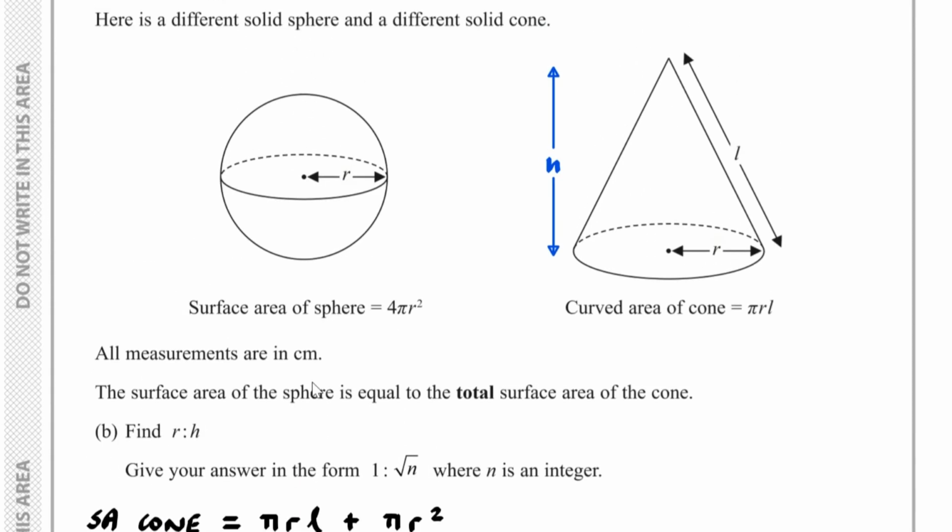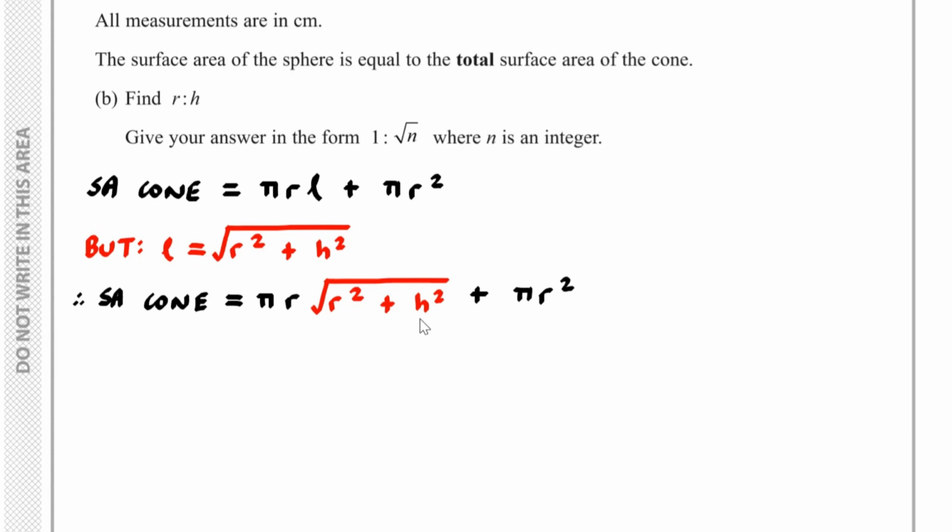So what we need to do is set this 4 pi r squared equal to this result here. So we've got 4 pi r squared equals pi r times by square root of r squared plus h squared plus pi r squared. And what we need to do is simplify this.